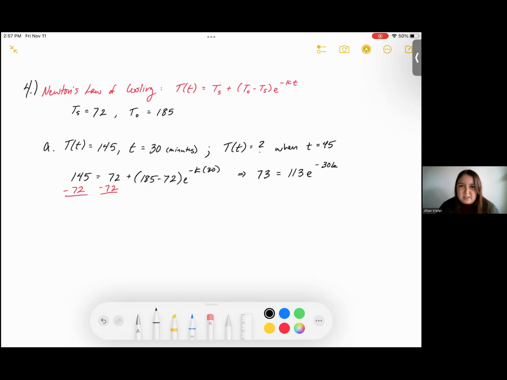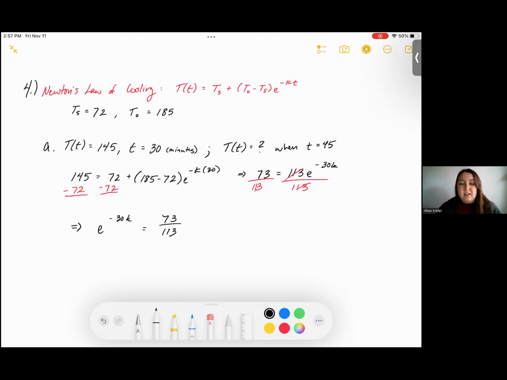There's really no difference since it's multiplication in this case. But all right, so now we want to isolate e as much as possible. So we can go ahead and divide each side by 113. So this ends up giving us e to the power of negative 30k is equal to 73 divided by 113.